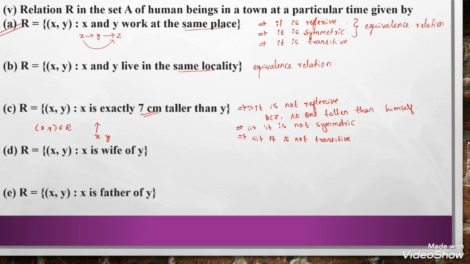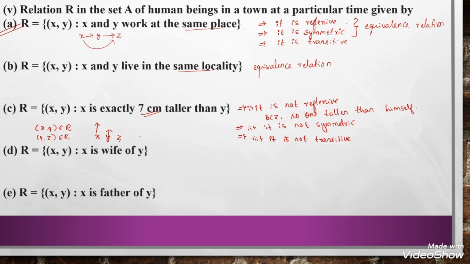Again, consider y is related to z, belongs to R. Okay, so y is exactly 7 centimeter taller than z.